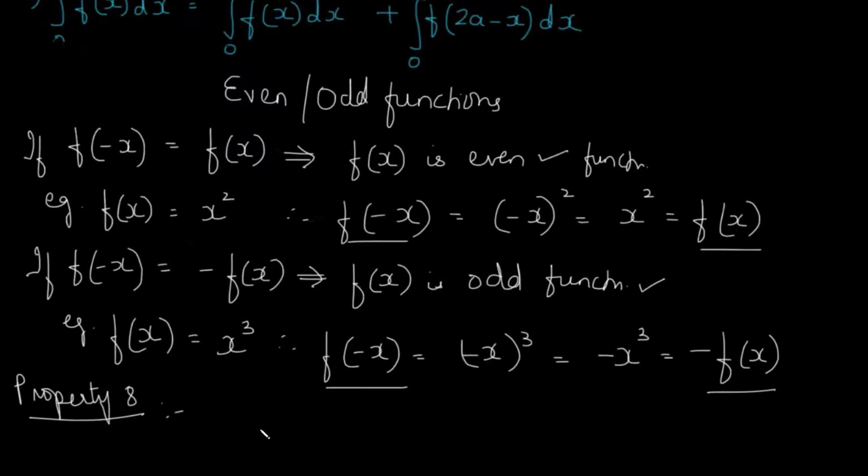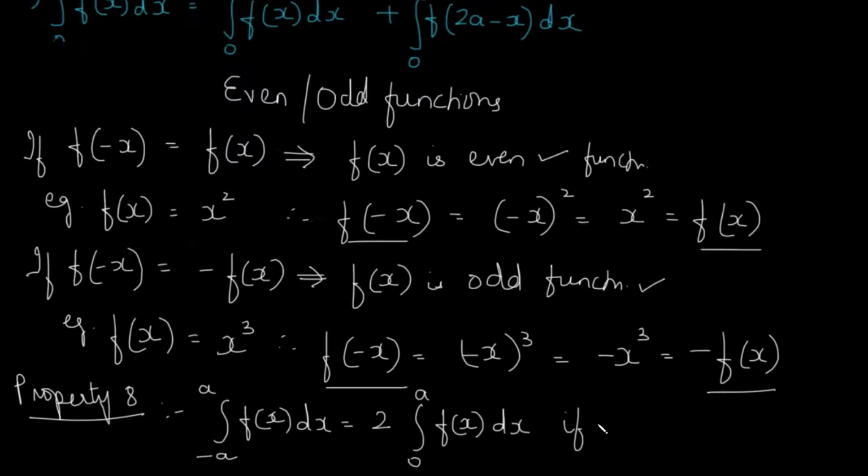According to property 8, if we have the integral from -a to a f(x) dx, then this can be written as 2 times the integral from 0 to a f(x) dx, if f(x) is an even function.